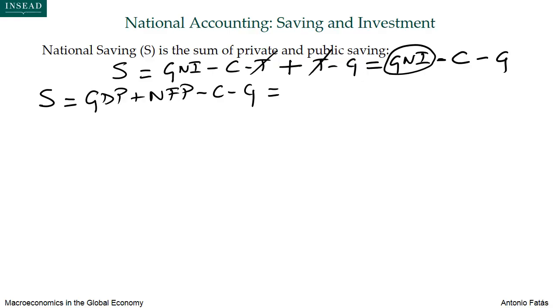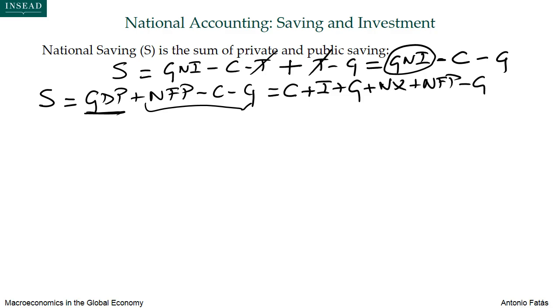And now we simply take the definition of GDP and include the four components of GDP into this expression, which are consumption, investment, government spending, and net exports, and we leave the other three terms exactly the same way as they were: net factor payments, consumption, government spending with negative sign.